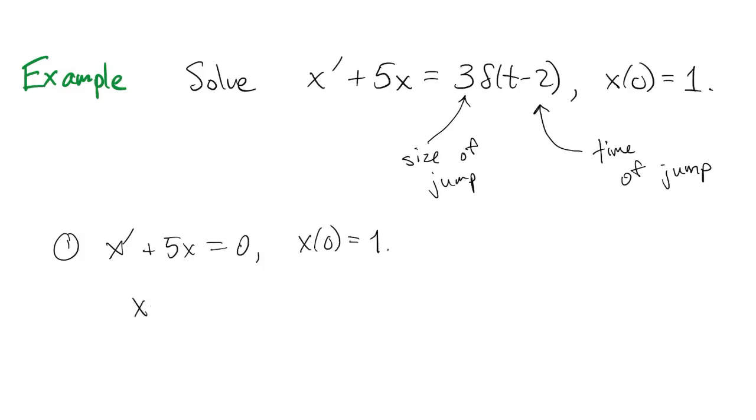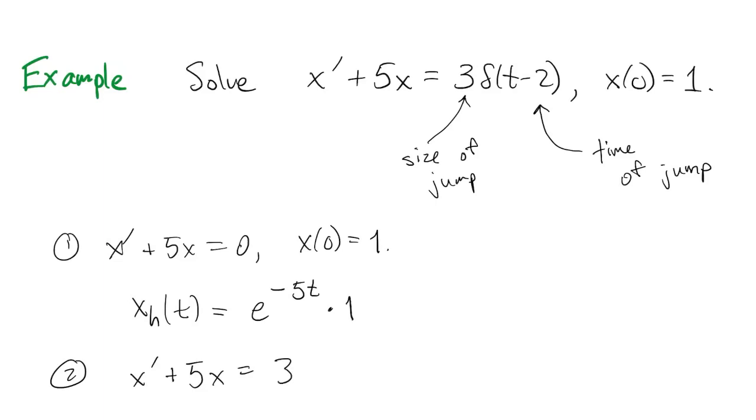That's very routinely now just e to the minus 5t. The second subproblem includes the delta and a 0 initial condition.